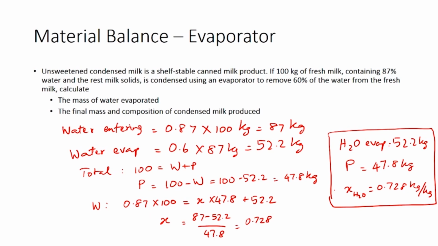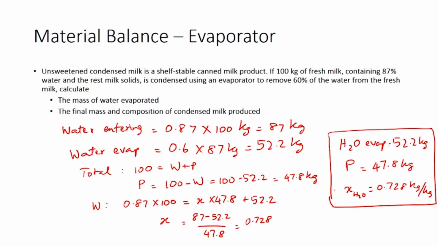Let me walk you through my balance equations one more time, so that there is some clarity. So, the total mass balance was reduced to input equals output, because there are no reactions and there is no accumulation for a steady state process. So, we would have input which is 100 is equal to the summation of the two outputs, which are W and P, and the component balance for water has been written as mass fraction of water in the input stream times the flow rate of the input stream, giving you the total mass of water entering the system, and this is equated to the mass of water leaving the system, which is two components.